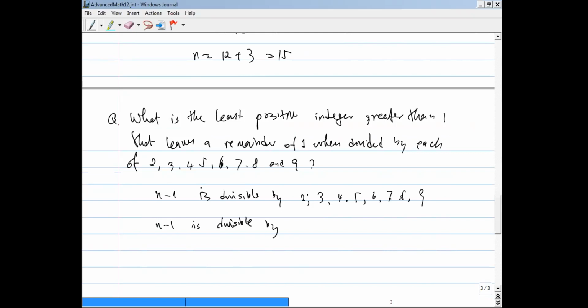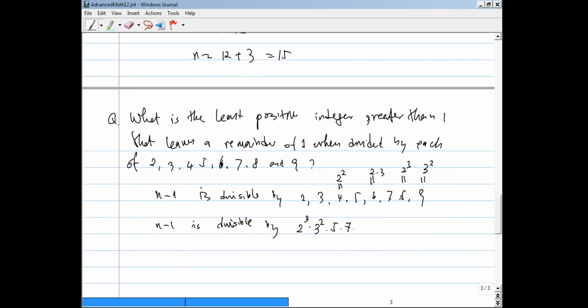So you see that you have a 2, 3, 4 is 2 square, 5, 6 is 2 times 3, 8 is 2 cube, 9 is 3 square. So I need a 2 cube, I need a 3 square, I need a 5, I need a 7. Okay, that's it. So n minus 1 should be divisible by the product of those numbers.